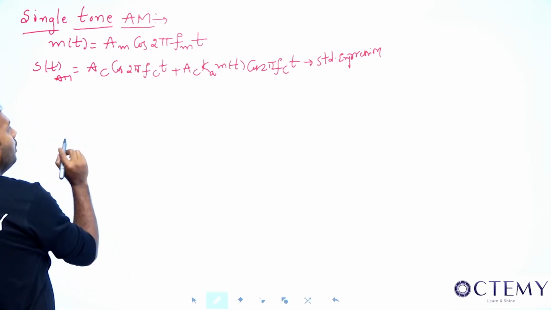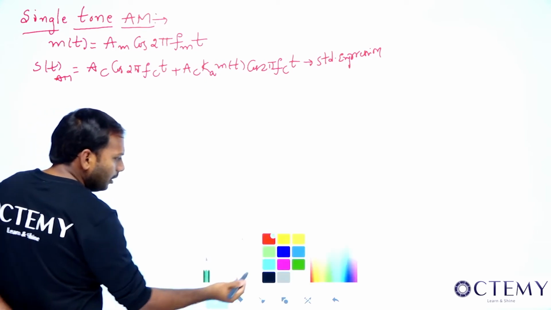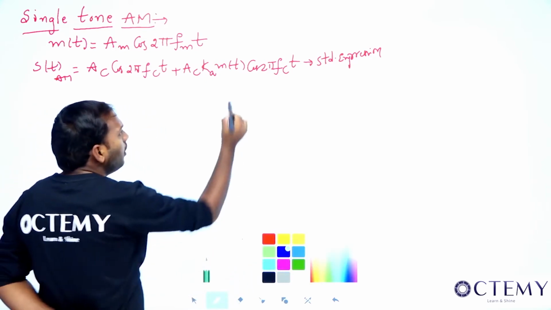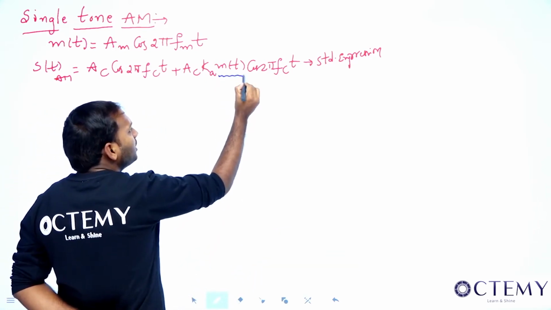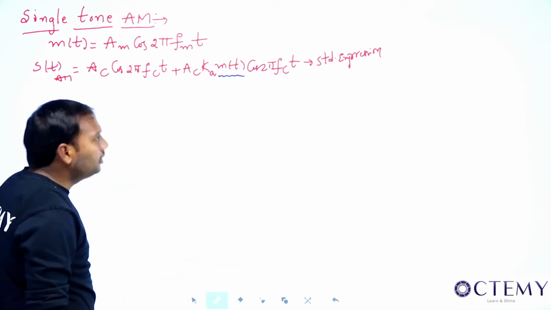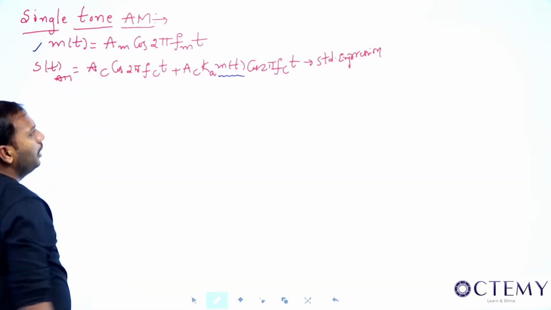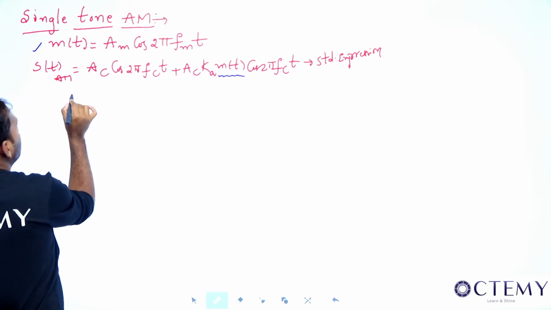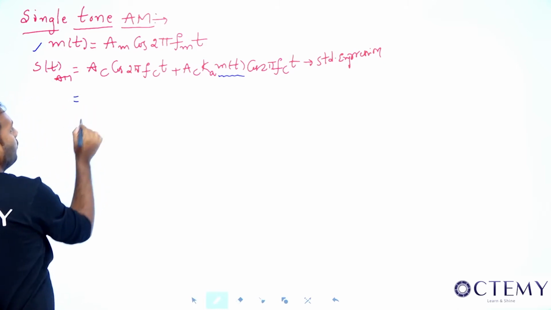Now see here. In this analysis, I have to make this m of t specific. This is not arbitrary. This is a sinusoidal function.